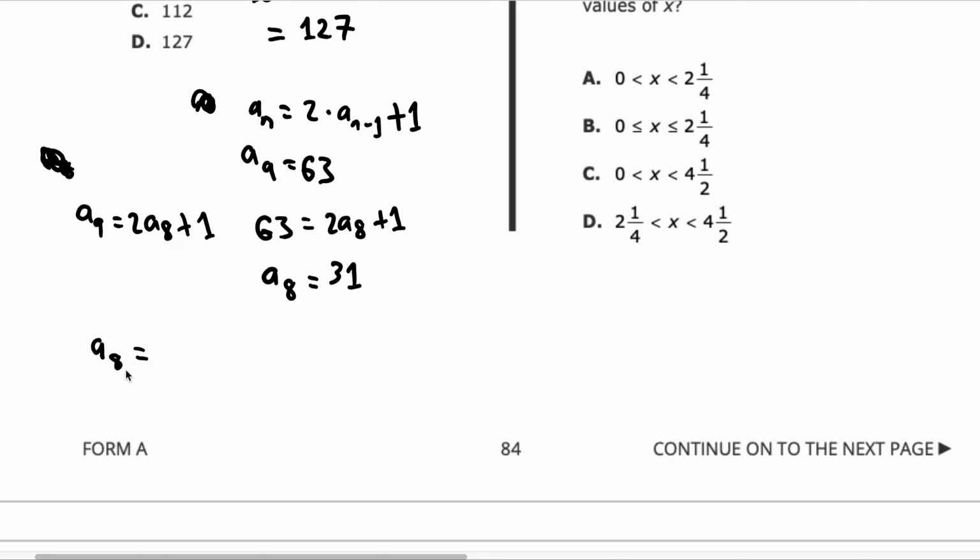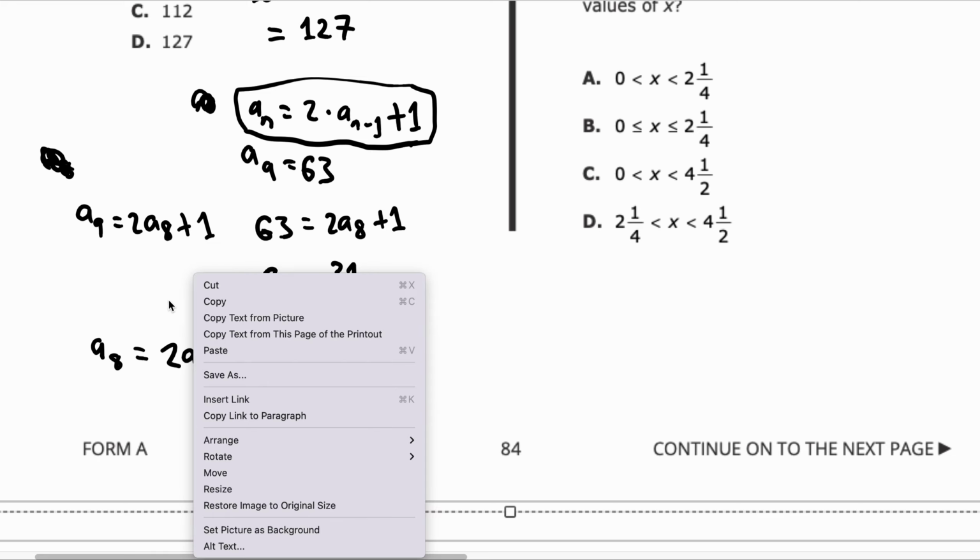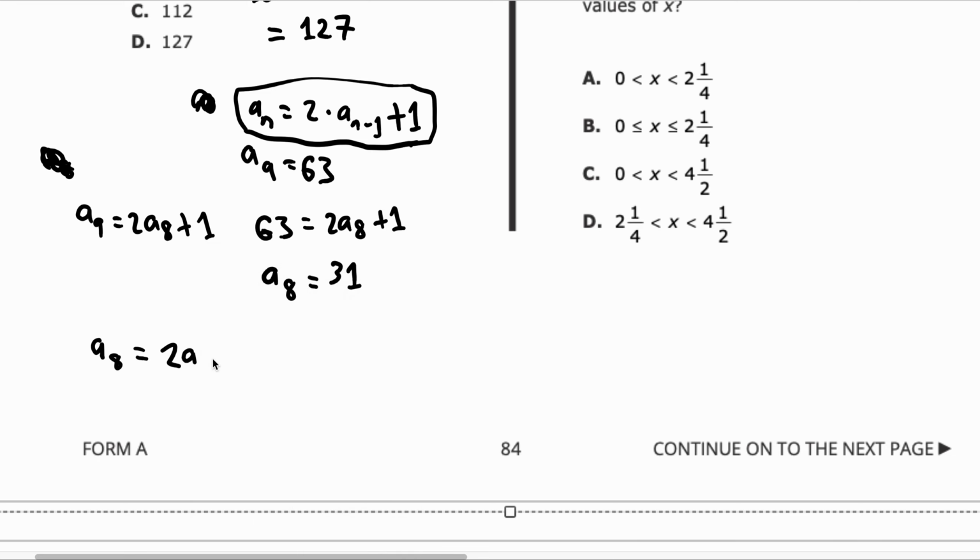And then we're going to find A7 in a similar way. So we're plugging in n is equal to 8 into this recursive formula right here. So A8 is 2A7, sorry, hang on.